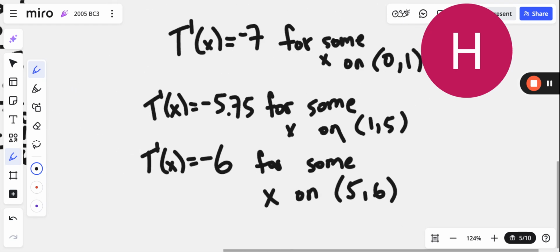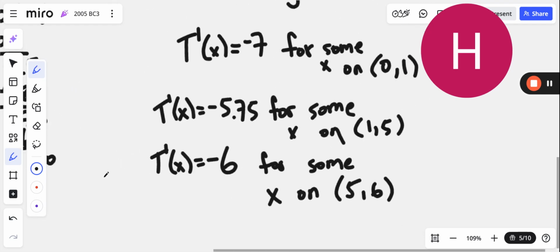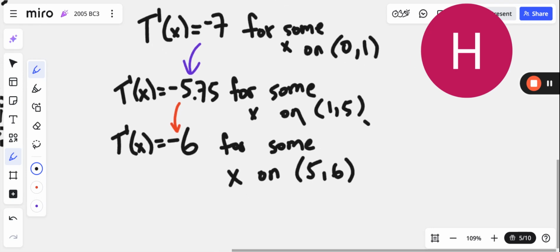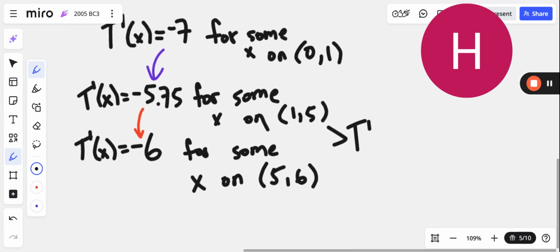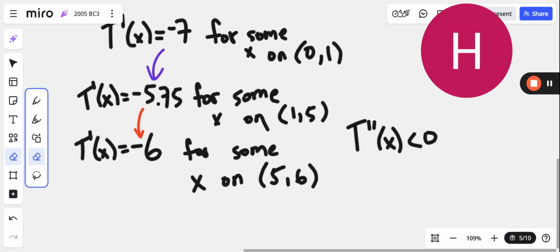Got it, okay. So because the derivative did not continue to increase, see, this is an increase, it went up by 1.25, but then the derivative went down. So this means that t double prime must have been less than 0. I shouldn't write a less than sign. I mean it like an arrow.